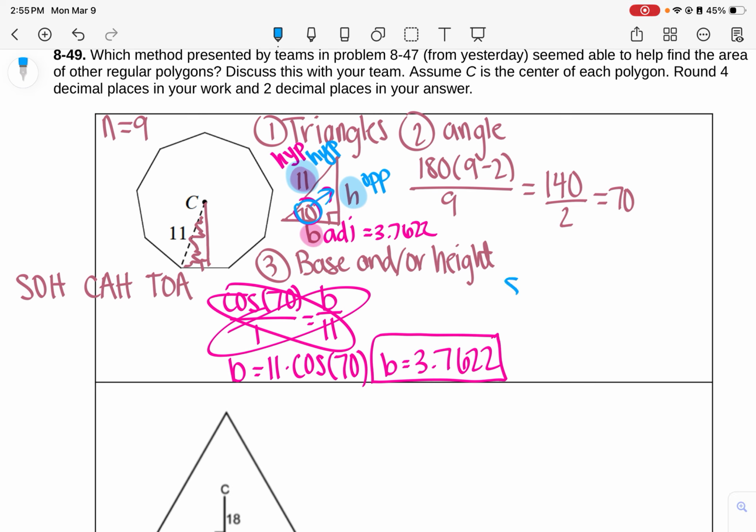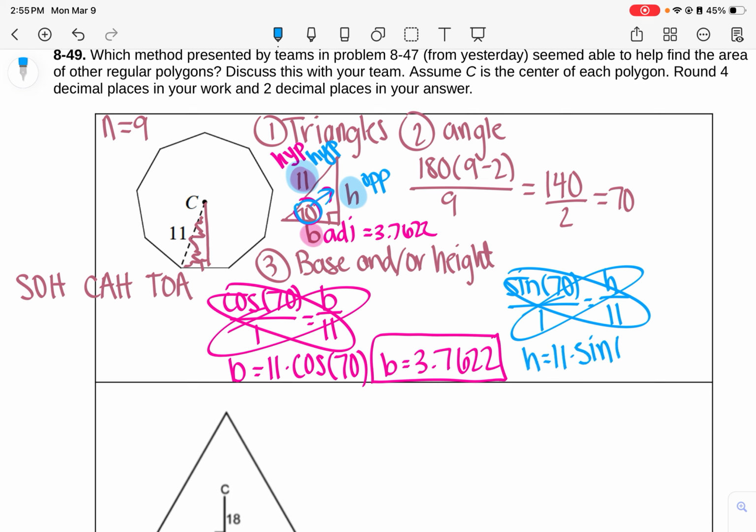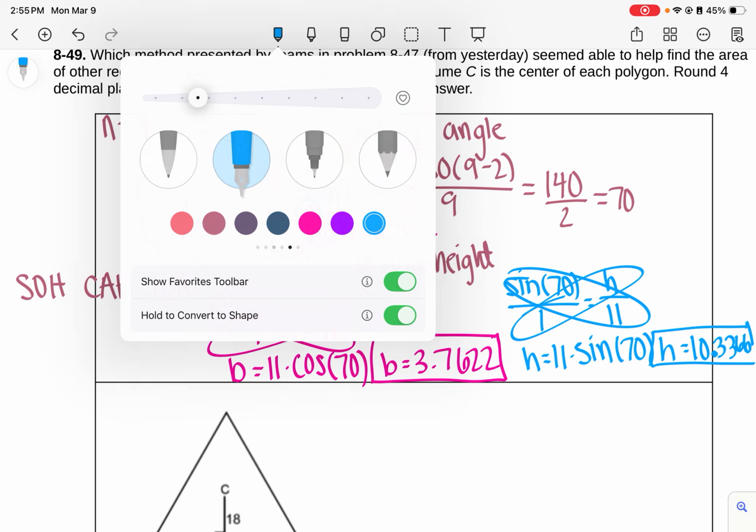I'm going to write sine of 70 over 1 equals opposite over hypotenuse. And then I'm going to cross multiply. So h equals 11 times sine of 70. So 11 sine of 70 is, h is 10.3366. So now I have all the pieces I need to find the area.